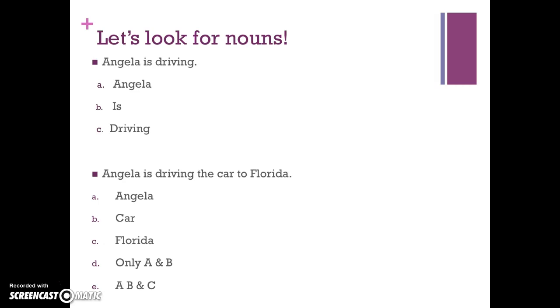However, A cannot be the correct answer because there are two more nouns in the sentence: car, which is a thing, and Florida, which is a place. Therefore, D cannot be the correct answer because Florida must be included because Florida is a noun. Therefore, the correct answer is E, A, B, and C.